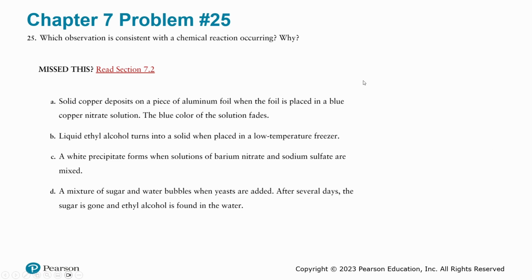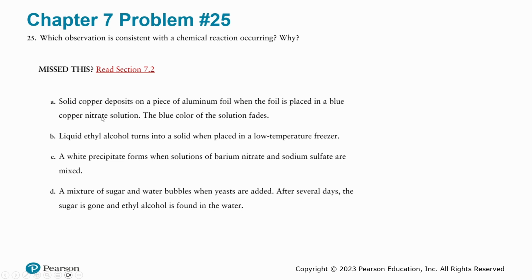So, our first question, we're going to cover about 4 or 5 questions from the homework. Number 25 asks us, is this consistent with chemical reactions occurring? Why or why not? Solid copper deposits on a piece of aluminum foil, and a blue copper nitrate solution dissipates. So you have copper in solution ionized with nitrate.